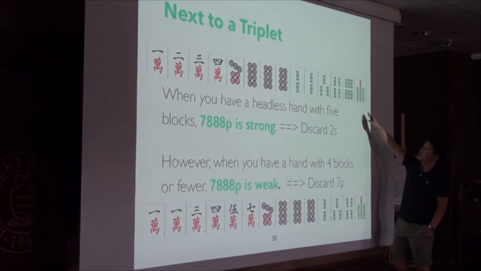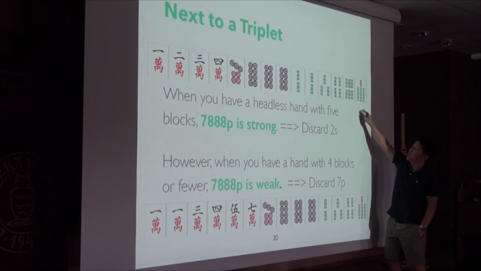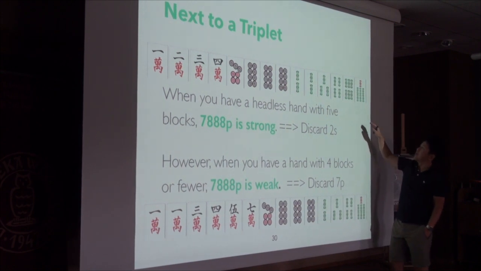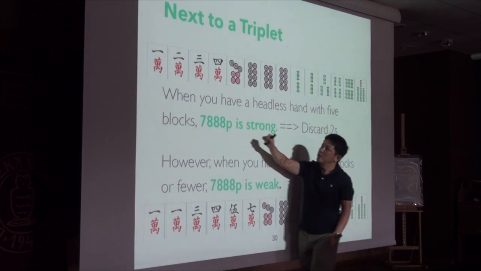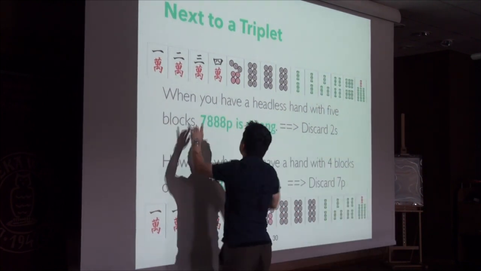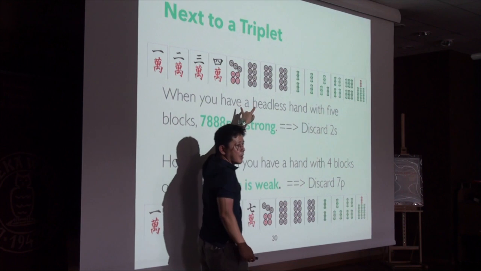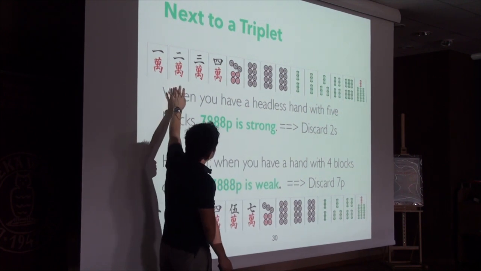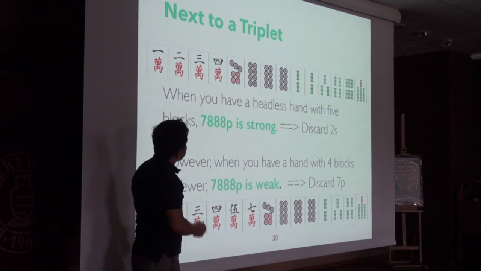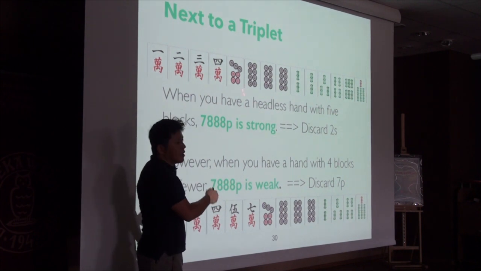So compare these two hands. How many blocks do we have in the hand above? 1, 2, this could be 2, this could be 2. An important point about the hand above is that there is no pair, no head at the moment.